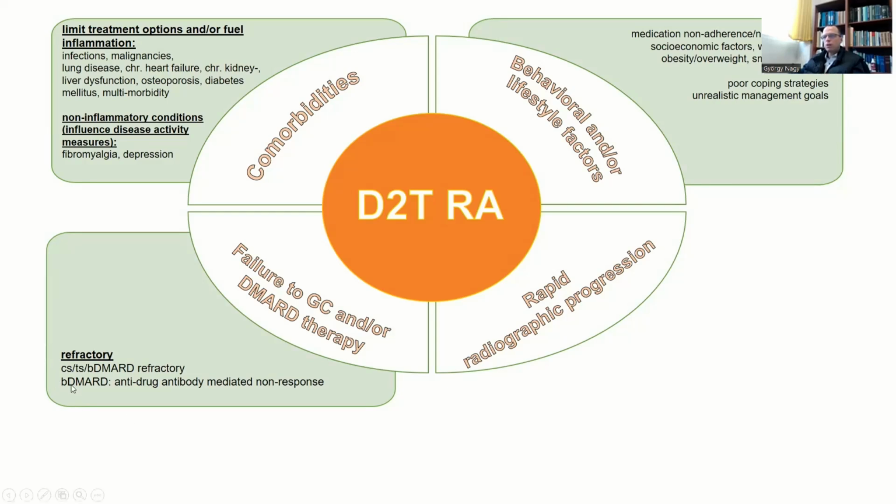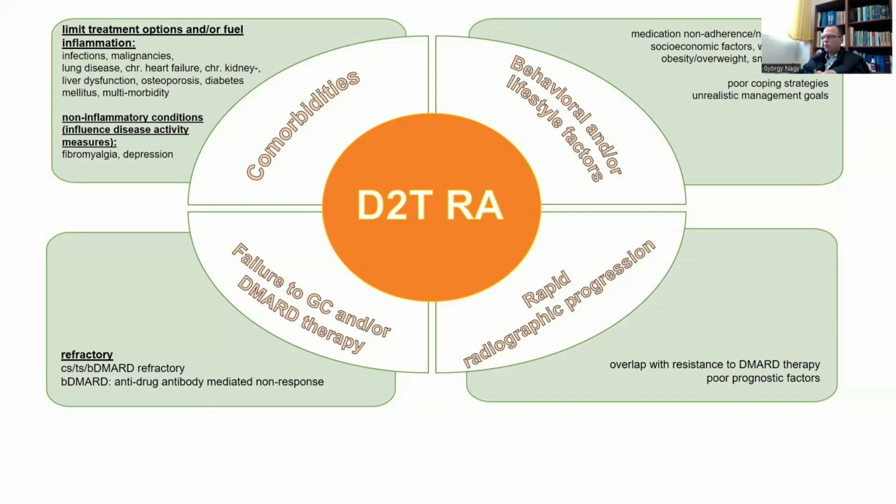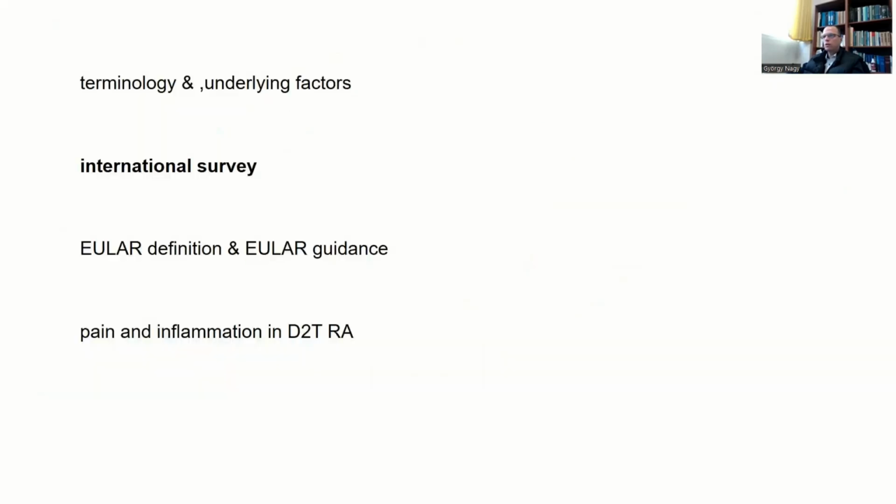One of the reasons why someone might be resistant to biological DMARDs is that some patients may have anti-drug antibodies, and that might be a potential explanation of the non-response. Radiographic progression is another potential reason for difficult to treat disease. In real life, we frequently have a mixture of all these conditions. Many patients have comorbidities and behavioral problems, in addition to being refractory to some kinds of medications, and many patients have rapid radiographic progression as well.